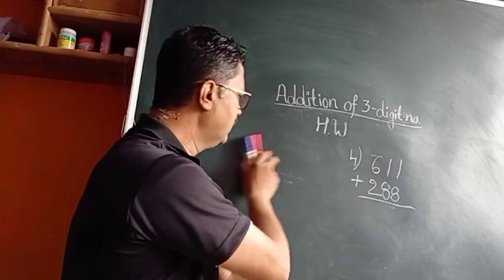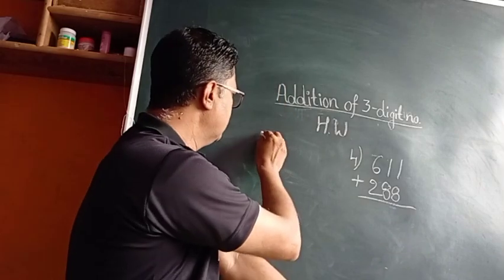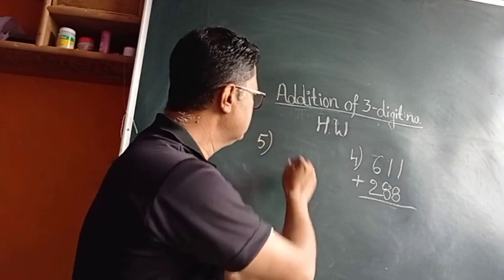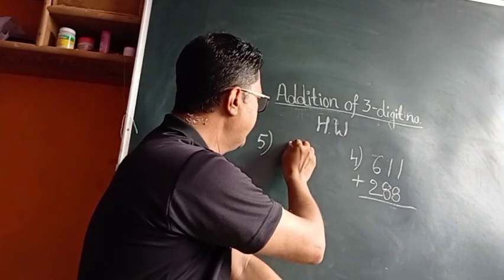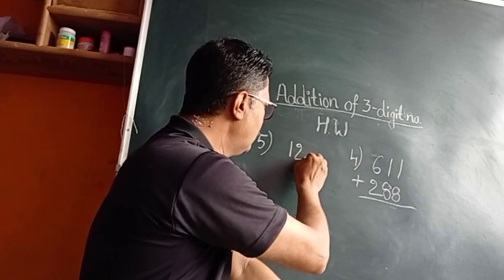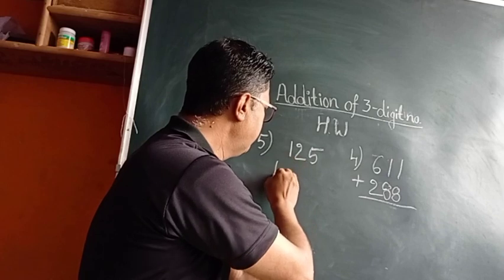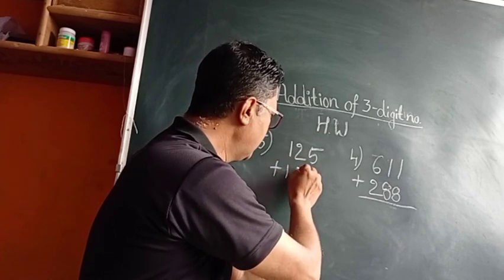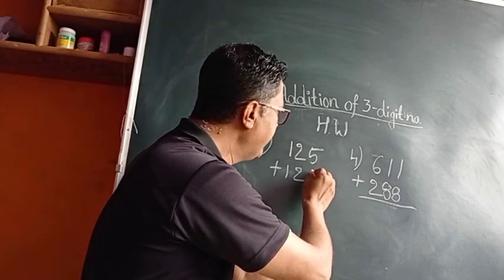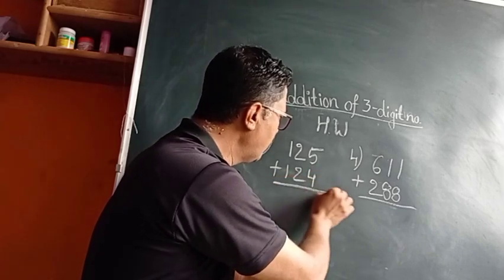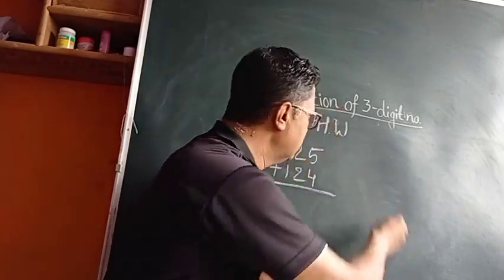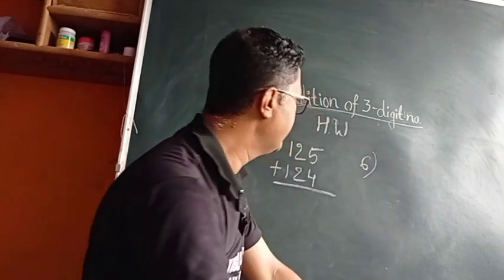Fourth over. Fifth one: 125 plus 124. Sixth one.